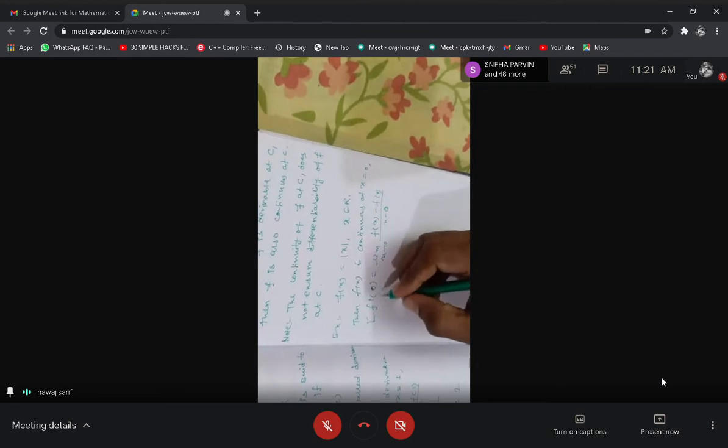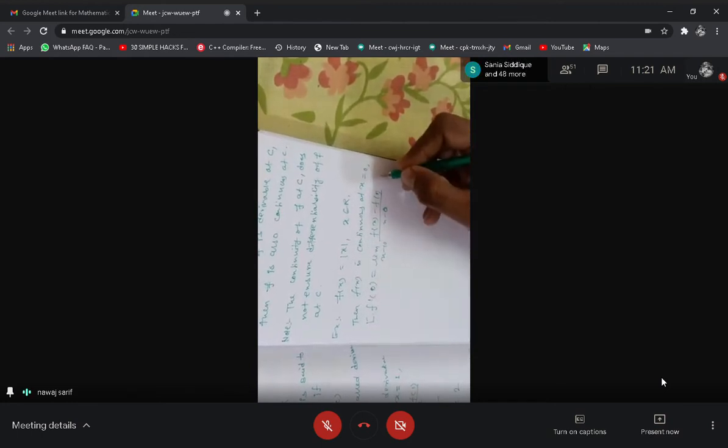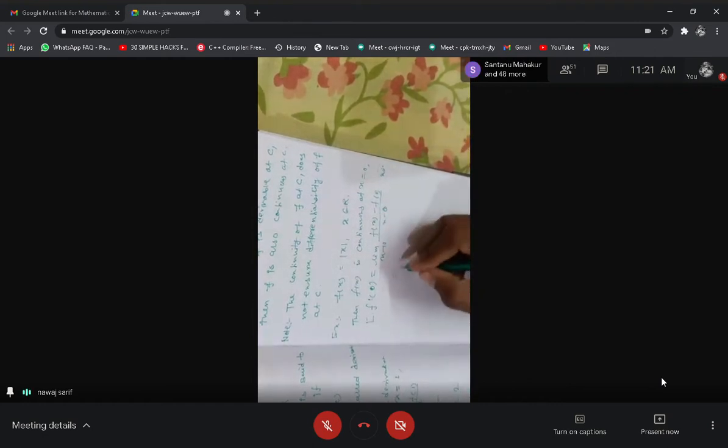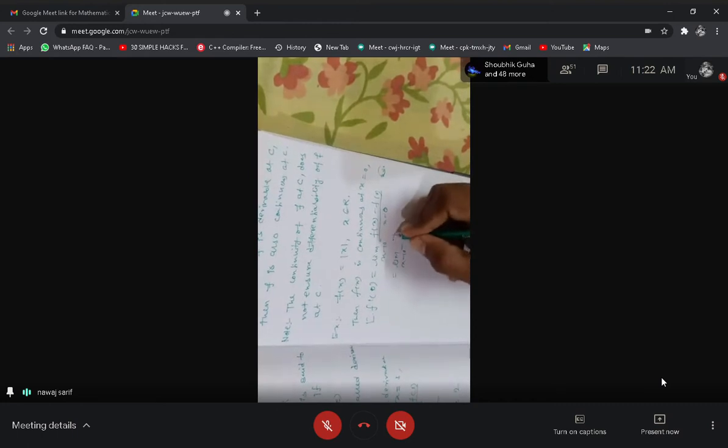So when we say left hand derivative, that means x is less than 0. When x is less than 0, then what is f x? It is minus x. So this is minus x minus 0 and f 0 is 0, divided upon x, so this one is minus 1.